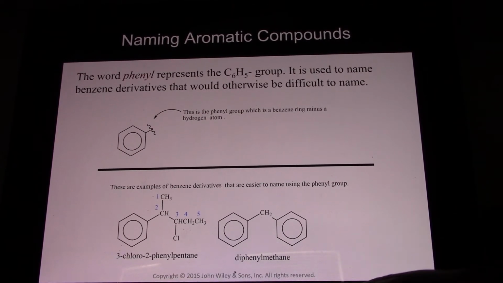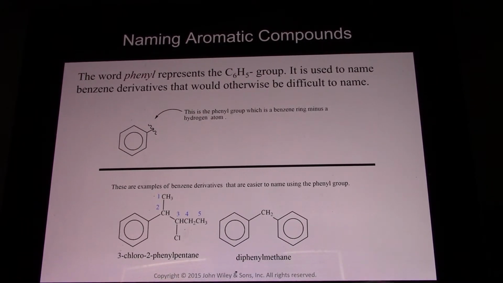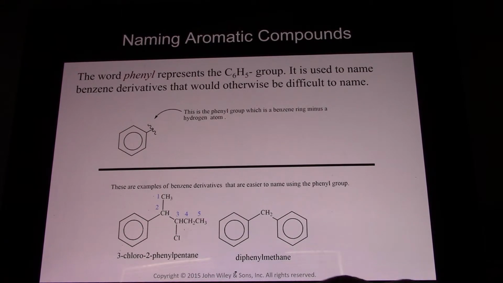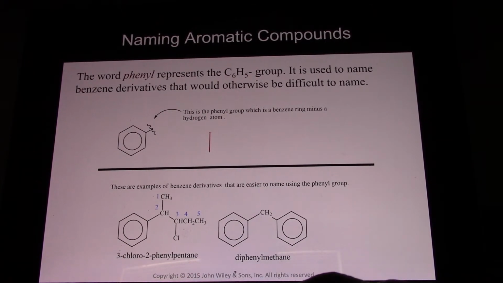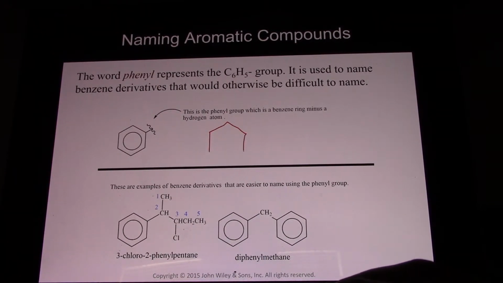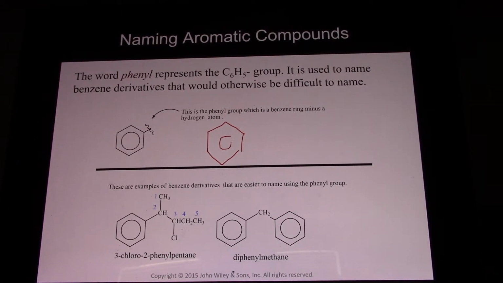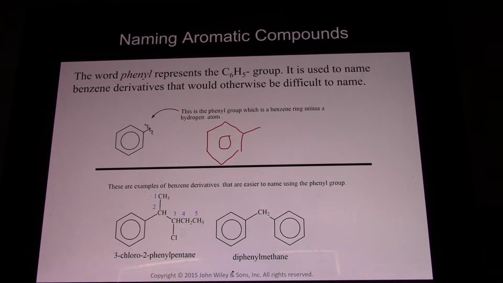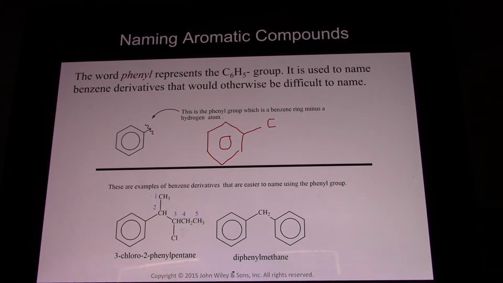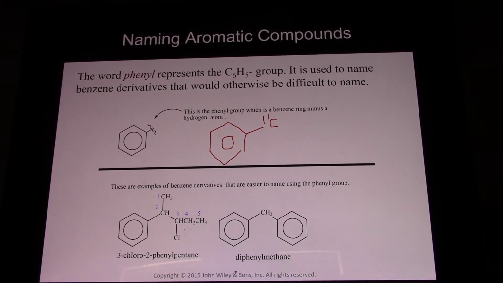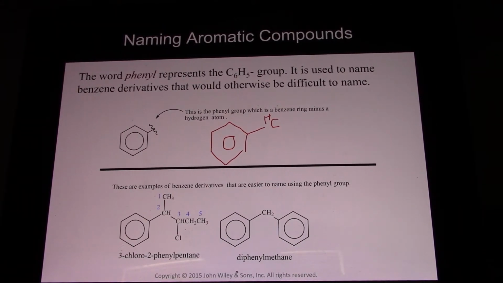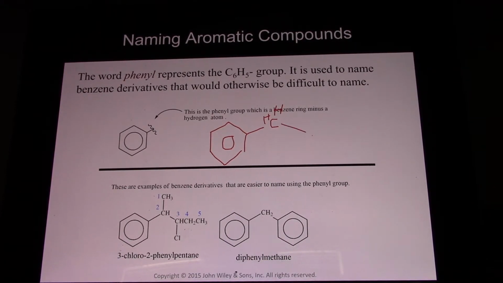The word phenyl represents the C6H5 group. So when a benzene group is attached to something like an alkyl group, it is a phenyl group. Strangely enough, a benzyl group is a phenyl group with a methyl, and that can be kind of confusing. To have a benzyl group, you need another carbon, and there's going to be 2 H's there, and then this can connect to something.